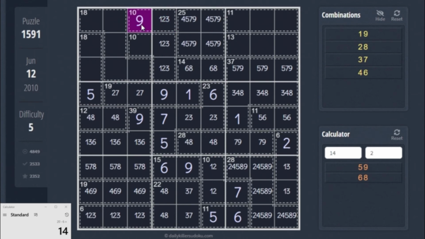So if we put 9 here and we put 5, we're going to be left with 1 here, and then this is going to be 2 and 3, which is still doable.